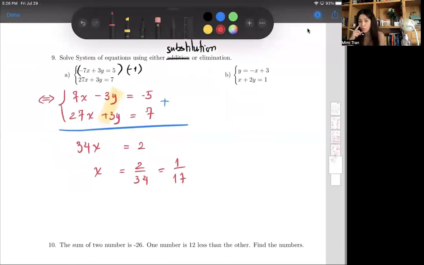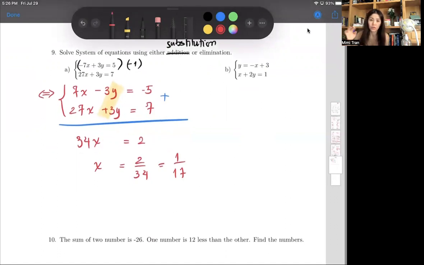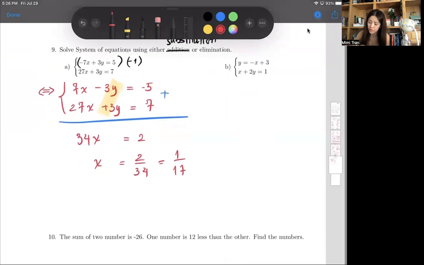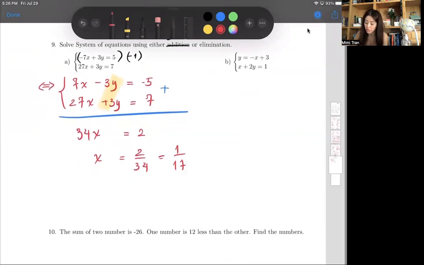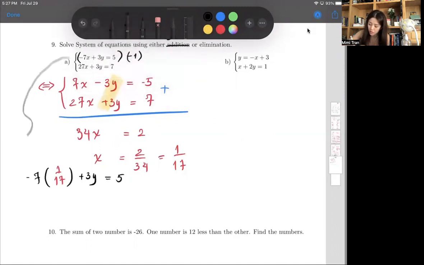You plug it back into one of the original. Pick one, doesn't matter to me. It has to be original though, okay? I'll pick the first one. -7 times 1 over 17 plus 3y equal 5.